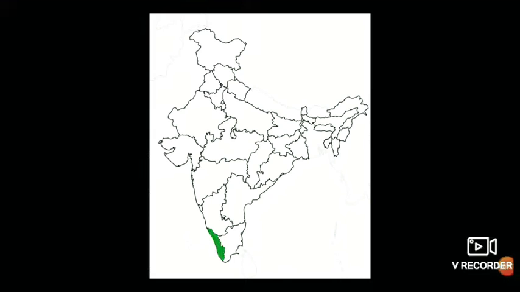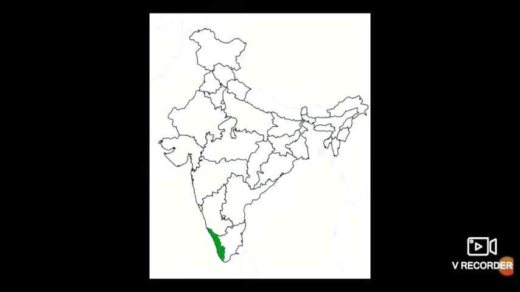Let's start marking. Take dark green color pencil. So it is tropical evergreen forest. We are going to mark tropical evergreen forest. The areas where tropical evergreen forests are present are Western Ghats, Northeastern Hills, Odisha and so on.